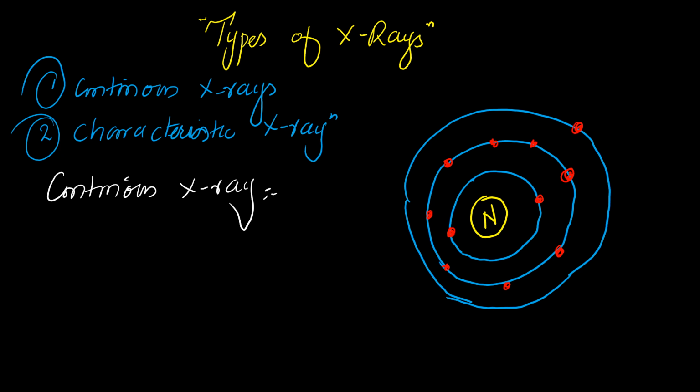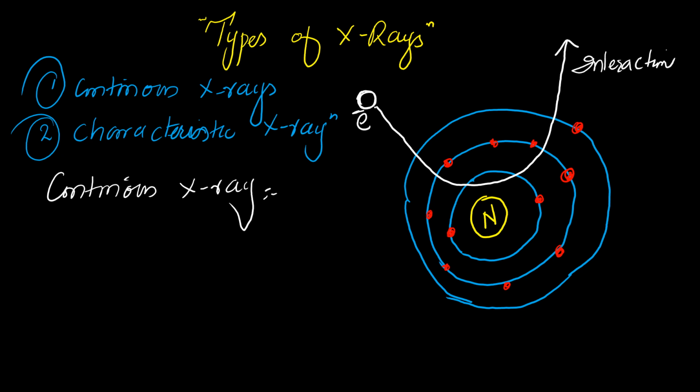Whenever a highly energetic electron, suppose this is an electron and it has very high energy, falls on the sodium atom and reaches near the nucleus of the atom, the nucleus has a positive charge. So this positive charge and the negative charge of the electron cause an interaction, and due to the interaction the electron is deflected near the nucleus of the atom.